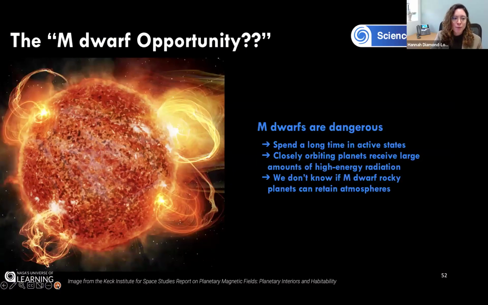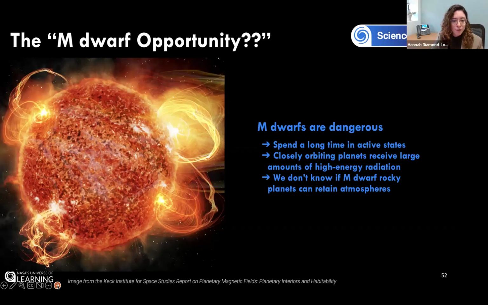There's no free lunch. M dwarfs also present an extreme challenge if we are interested in detecting and studying atmospheres on rocky exoplanets. This is an artist's impression, illustrating that M dwarfs spend a long time in highly active states where they are spewing out high energy radiation and coronal mass ejections. Closely orbiting planets will receive a large dose of this high energy radiation, and that can break apart atmospheres and even blow them off the surface.